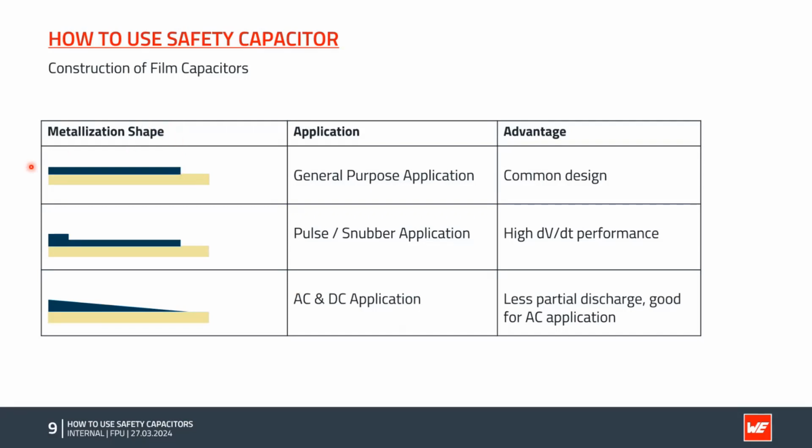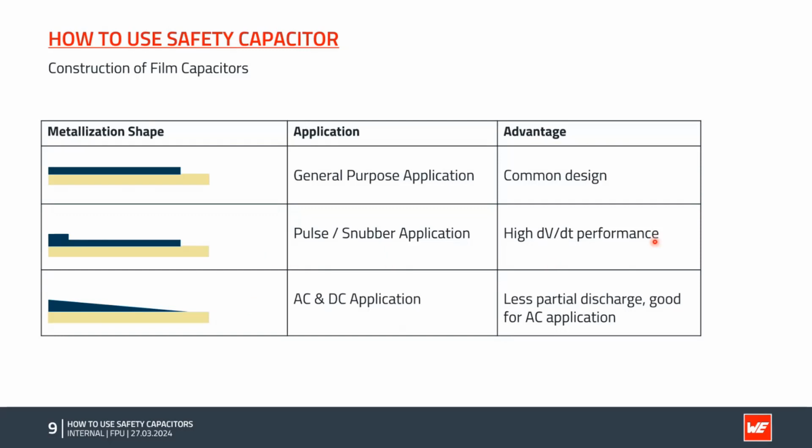You could have just a straight metallization, so everywhere is the same thickness. Then you could have some kind of heavy edge, that you reinforce this area to have a better low resistance connection, that you bring the energy into the winding. Or what is also common is a slope, what you see here, and this is really depending on the product.